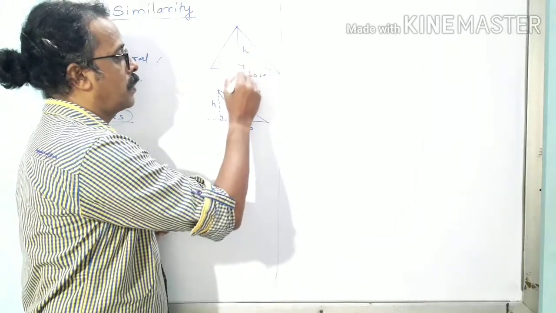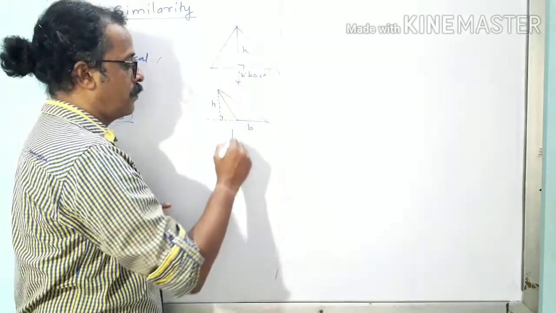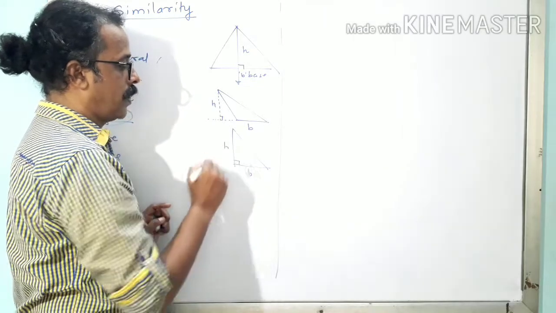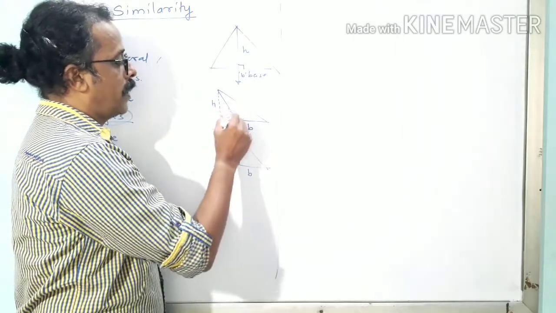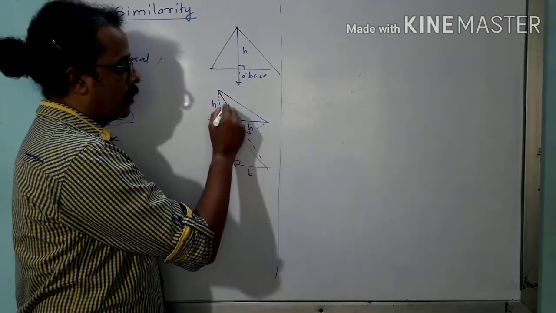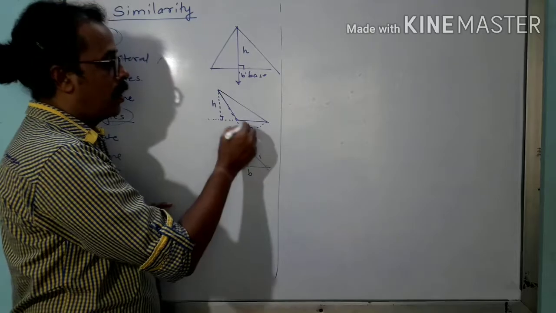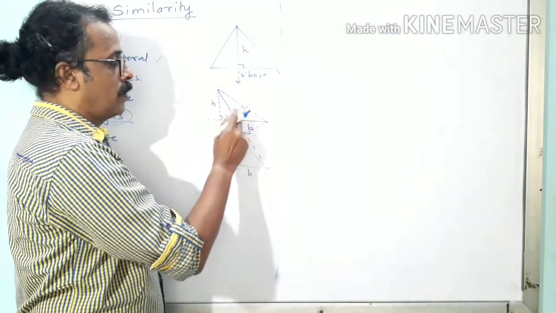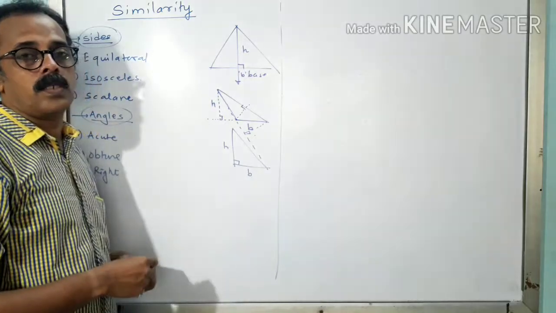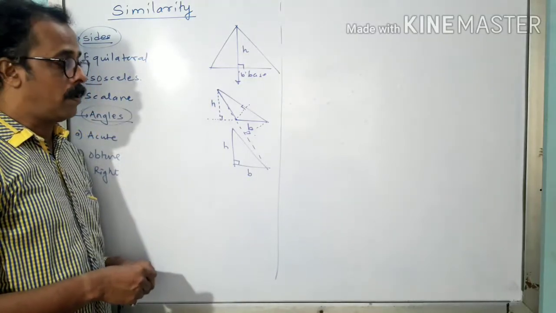For a right angle triangle, if this is the base, then this will be the height. Similarly, I can draw the perpendicular here also, so again this will be the base and this will become the height. Again I could draw the perpendicular here, this will be the height and this will be the base. That is the way we can draw the height for the area of a triangle in each case.